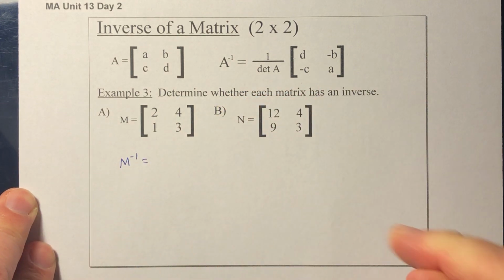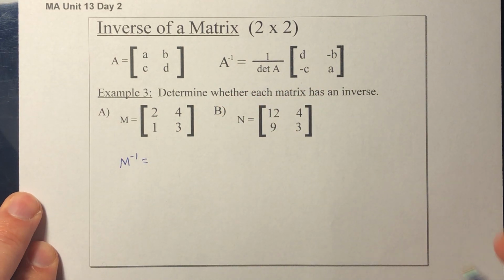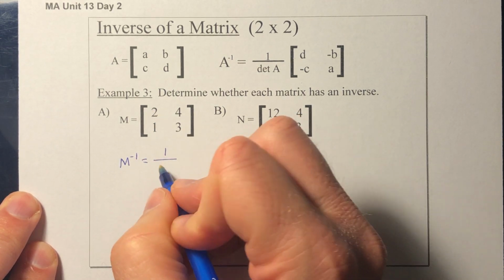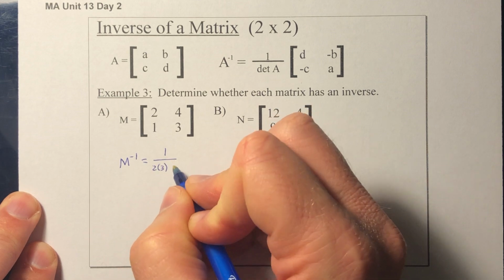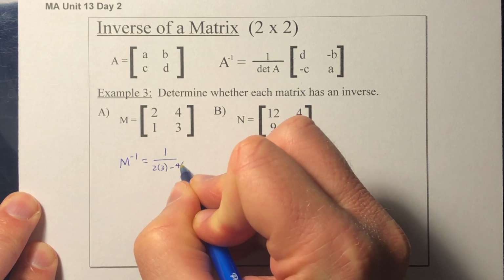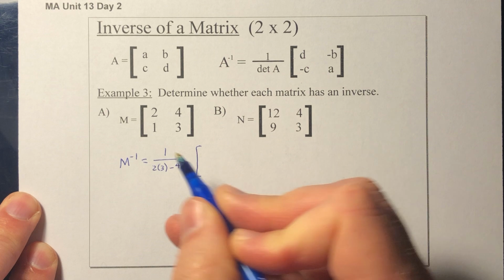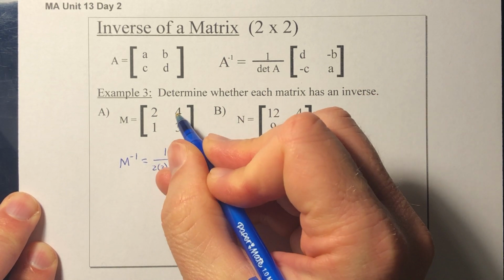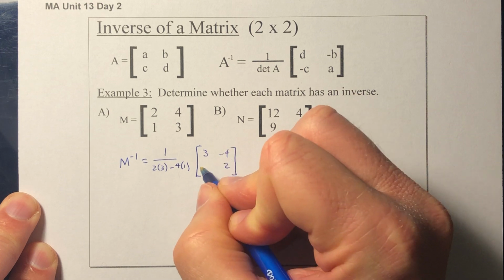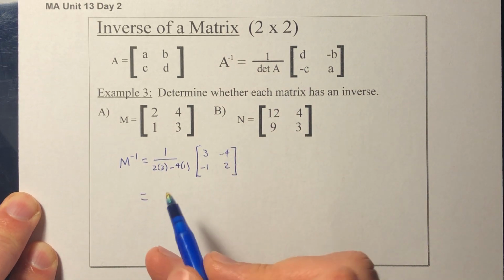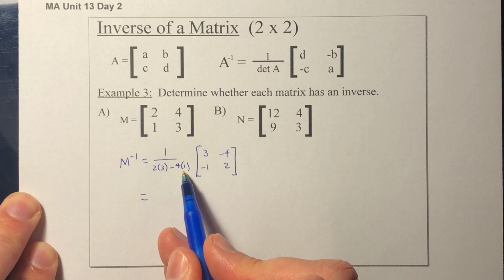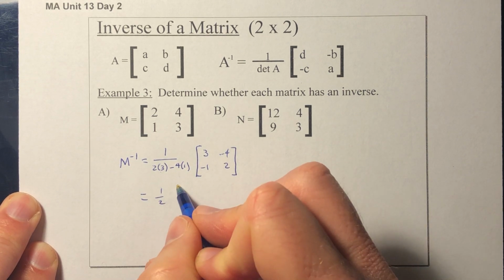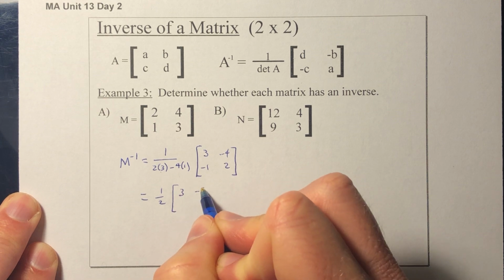So let's find the inverse of matrix M. So it's 1 divided by the determinant, so 2 times 3 minus 4 times 1, times, now we're going to switch the 2 and 3, and then do the opposite of these guys. All right, so 6 minus 4 is 2, so that gives us 1/2. That would be your determinant of that matrix.